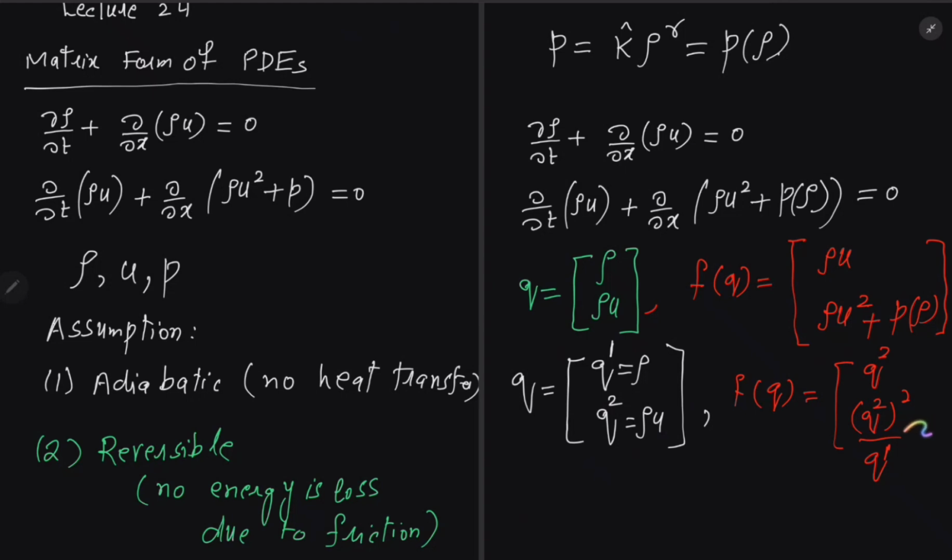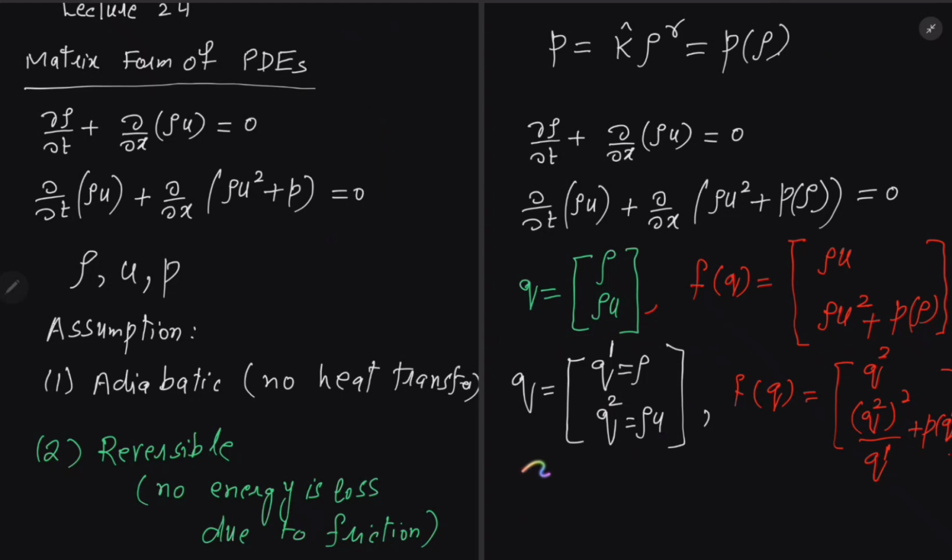And plus, there is a pressure P, and since it is a function of rho and rho is Q1, so I write it as P of Q1. That's how we write this system of PDEs in matrix form.